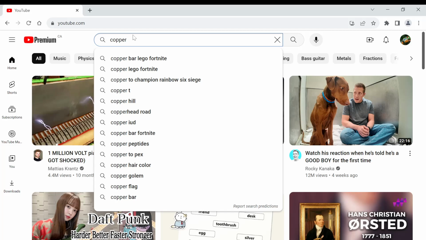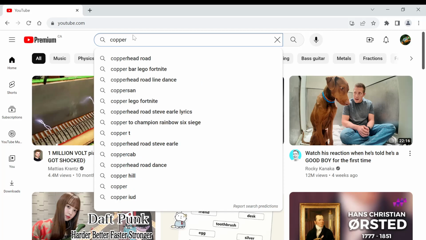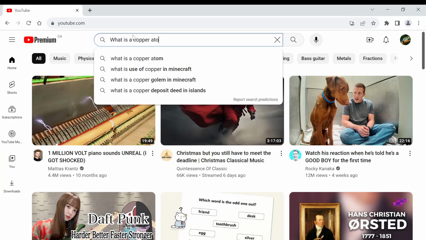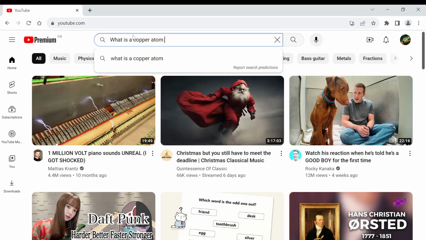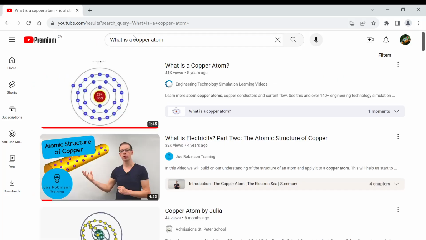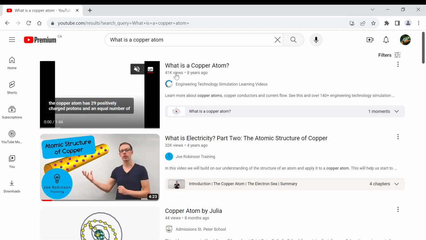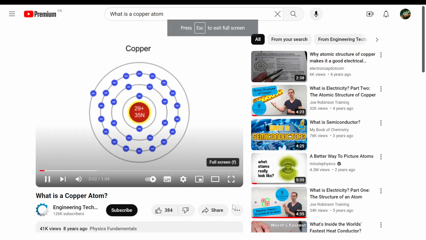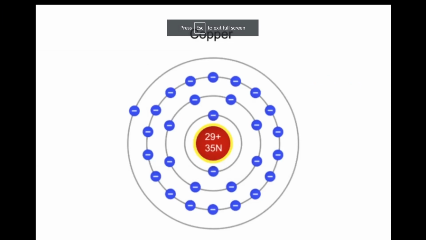What is a copper atom? The copper atom has 29 positively charged protons and an equal number of electrons in various shells orbiting its nucleus.